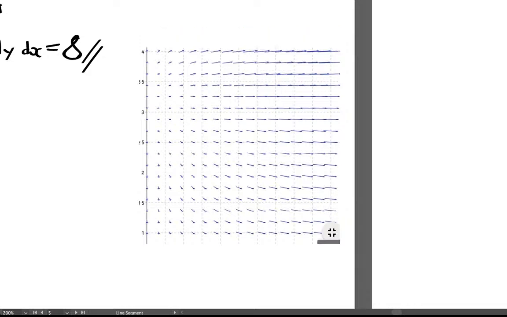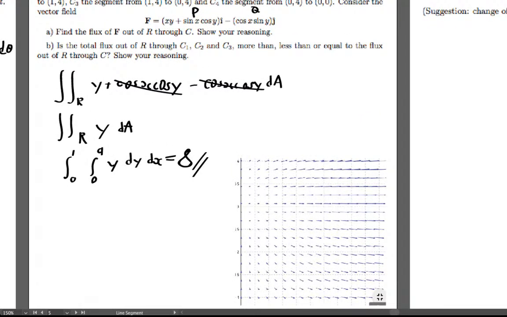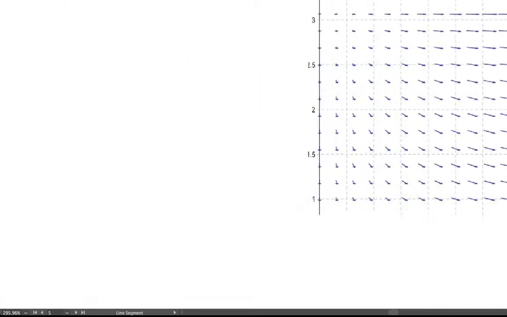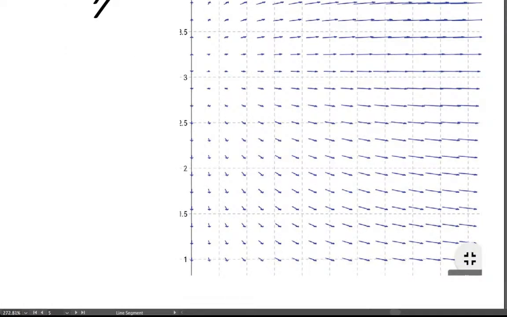When you read in here, it goes from 0 0 to 1 0, then 1 0 to 1 4, then 1 4 to 0 4, and then from 0 4 to 0 0. So the path of it traversing is a pretty simple path.